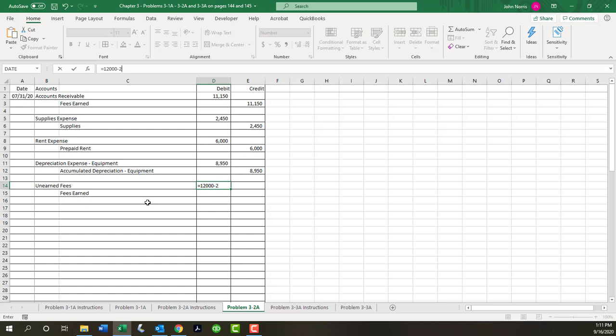And it should be $2,000, giving us an adjustment of $10,000. And then lastly, wages accrued. Wages expense and wages payable of $48.40.